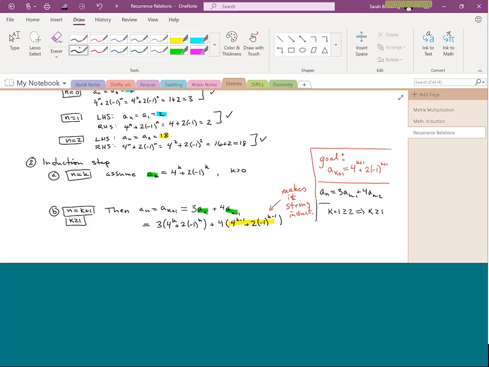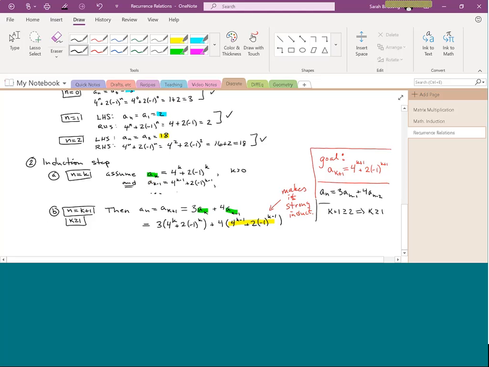Now, if you want to be very precise about it, here's the precision. Up in the assumption step, where we assumed everything worked for n equals k, we're also going to assume it works for n equals k minus 1. So 4 raised to the k minus 1 plus 2 times negative 1 to the k minus 1. And then you keep on going all the way down to your basis step.